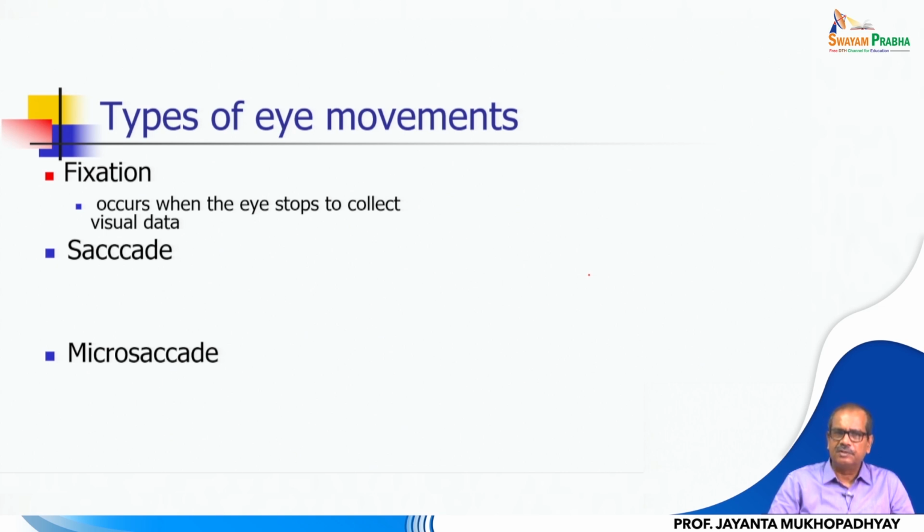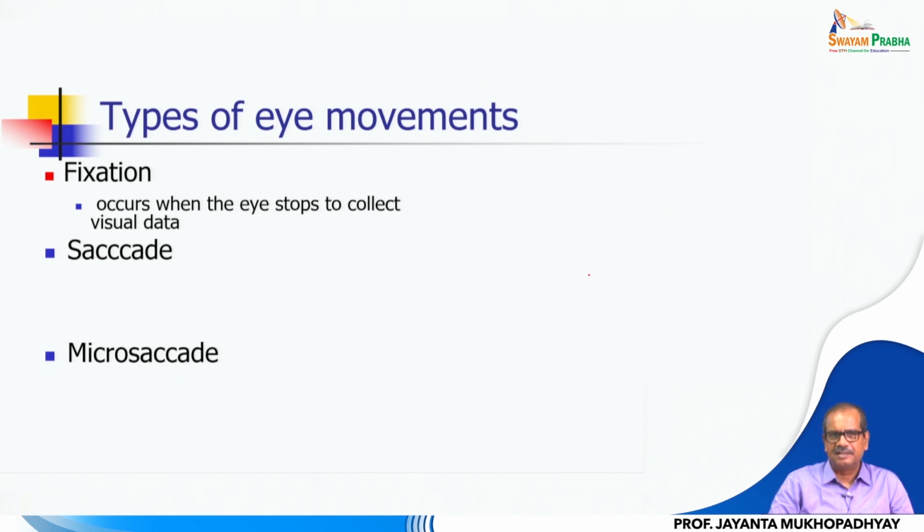Again, it can move, but that is the fixation. Around that point only the eyeballs or eye locations are moving. So we call those fixated regions. Now there may be a sequence of fixated regions. So these locations, or movements, are called fixations.